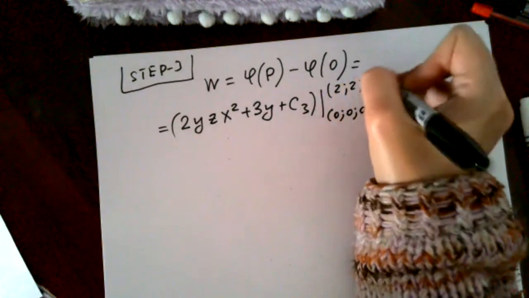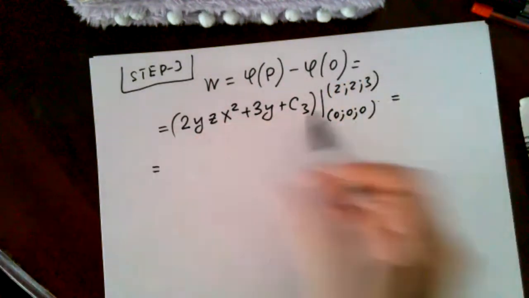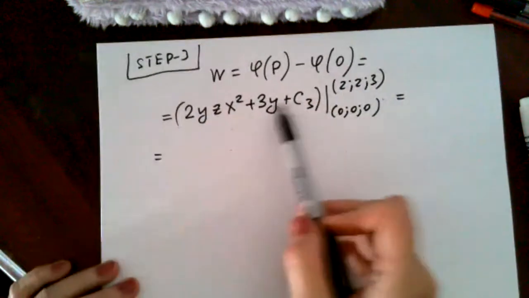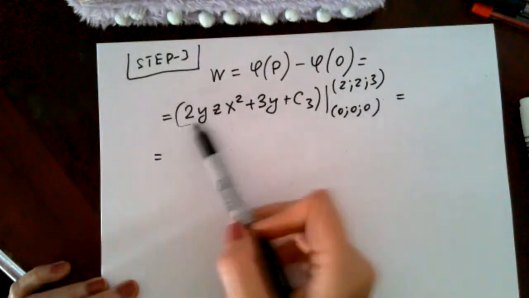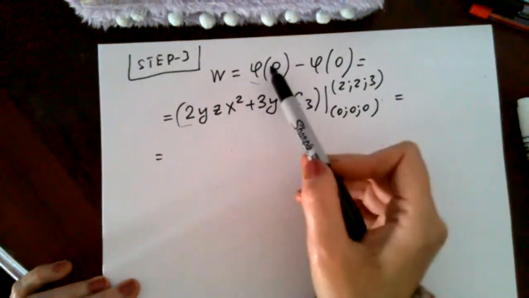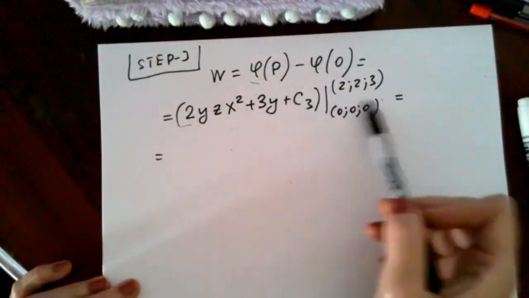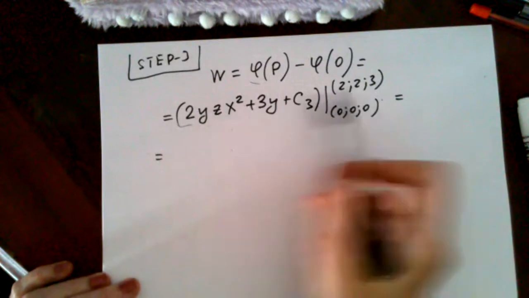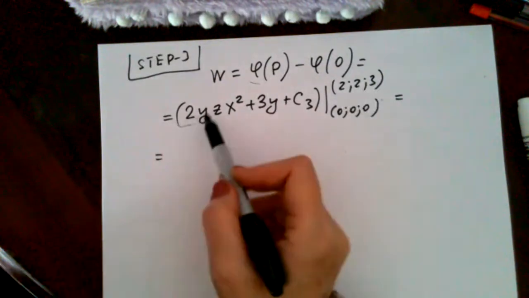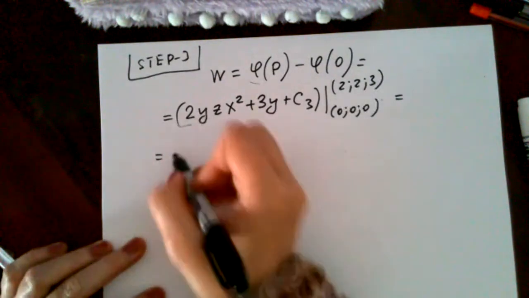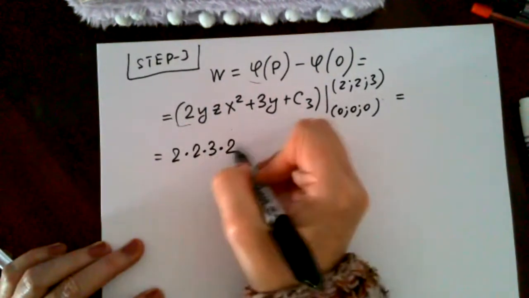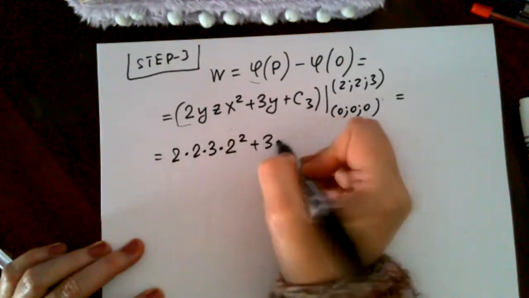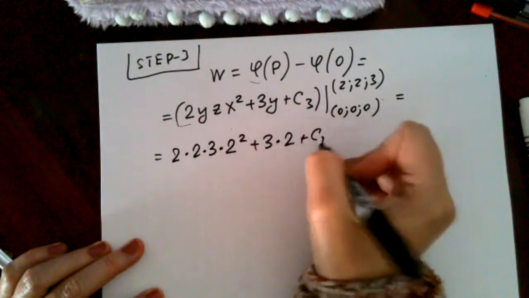So this notation means that first you need to substitute these components into this equation, which is going to be phi of P, and then minus, and substitute in this expression. Okay, let's substitute 2, 2, 3 instead of x, y, and z. So 2 times 2 times 3 times 2 squared plus 3 times 2 plus C3.